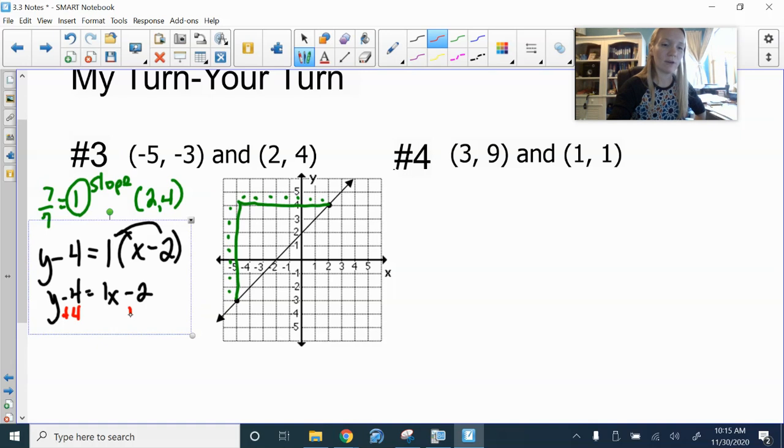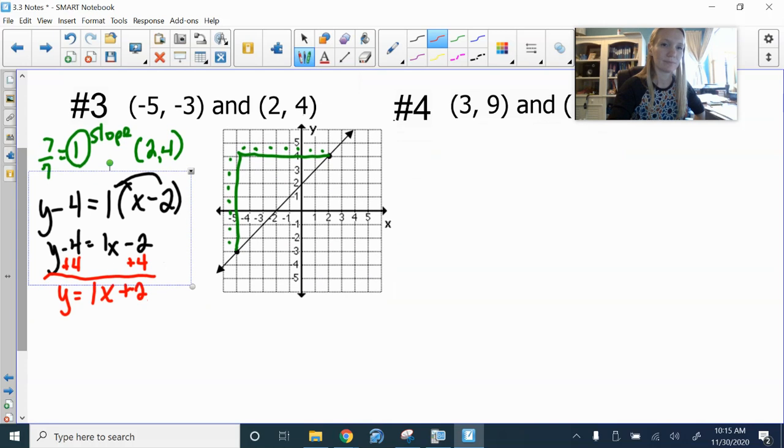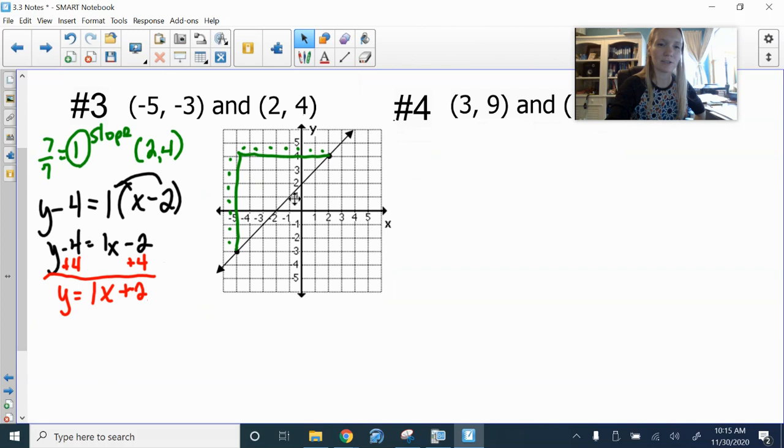And I'm going to bring my 4 over because I want to get y by itself. -2 plus 4 is 2. Well, hey, look at that. Can we see that our slope's up 1 over 1 in this equation, in this graph? Does our graph cross at +2?